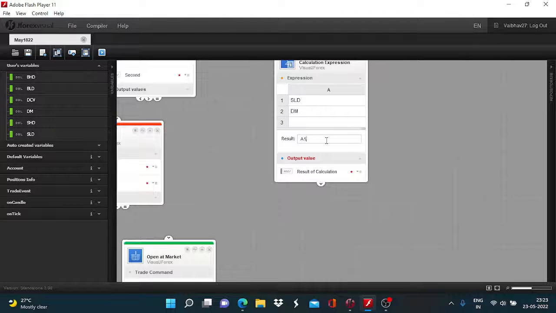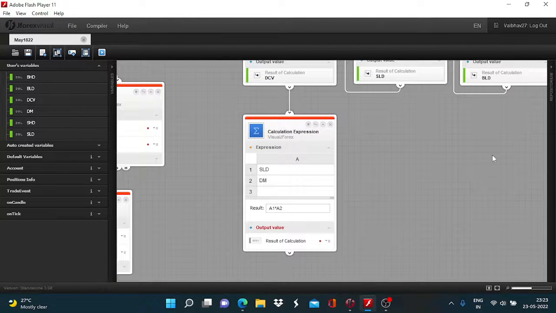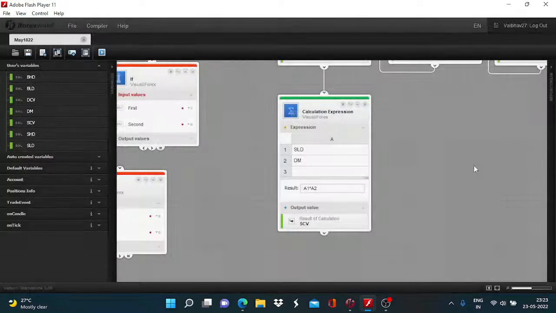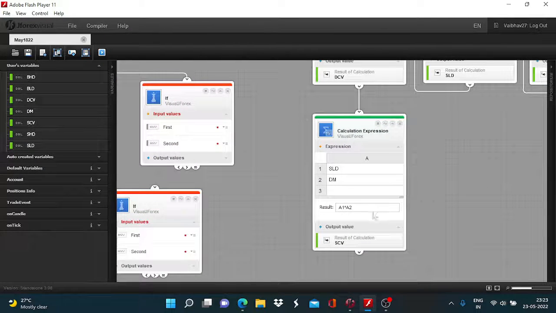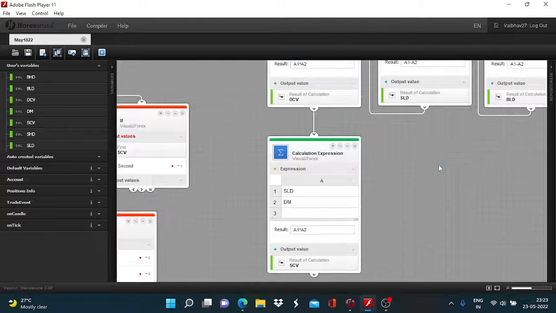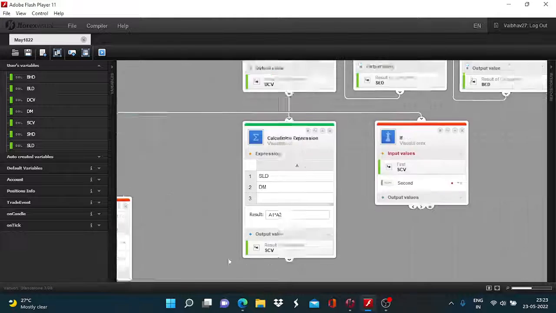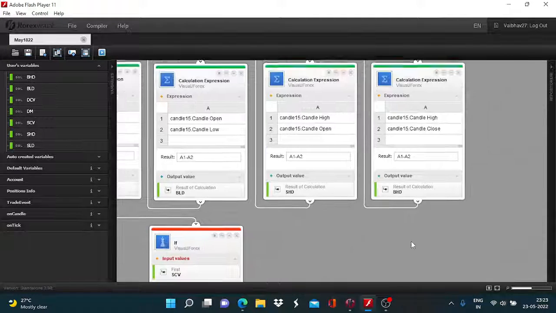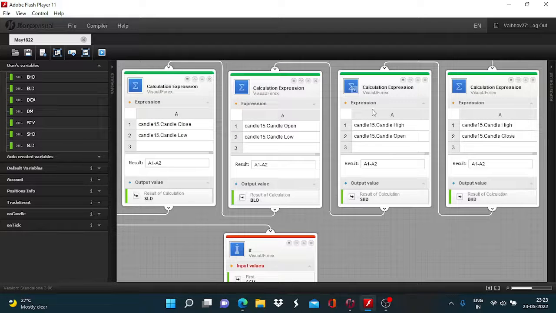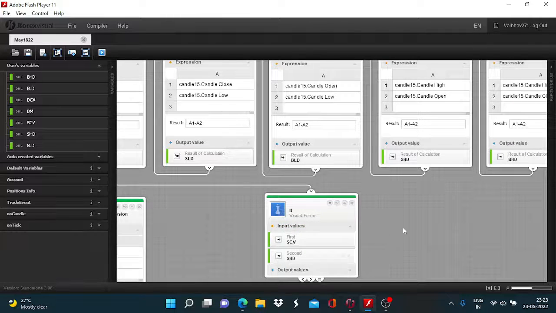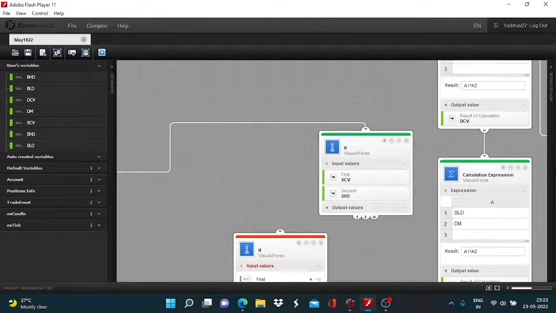So this is going to be A1 into A2. I'll name it as CV, and this variable will now be compared with the last hourly candle's candle high and candle open difference, which is SHD, and it needs to be lower than SHD.